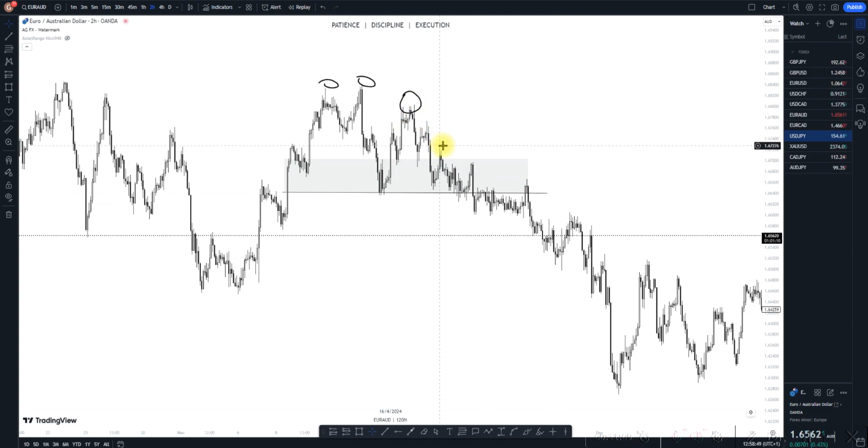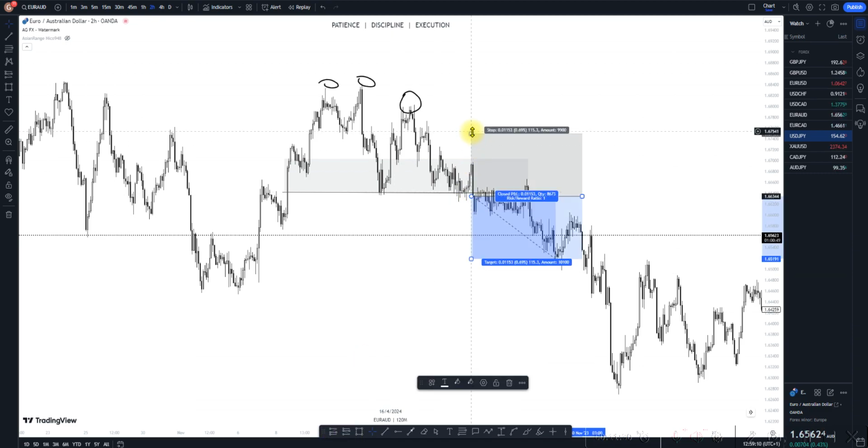So now immediately we see a break of this particular zone by this candle. This is a very strong bearish candle that broke this. Now immediately we see a closure below this particular neckline that we have here. Now I can place my short position, my sell, here, my stop loss at a high or above the right shoulder.